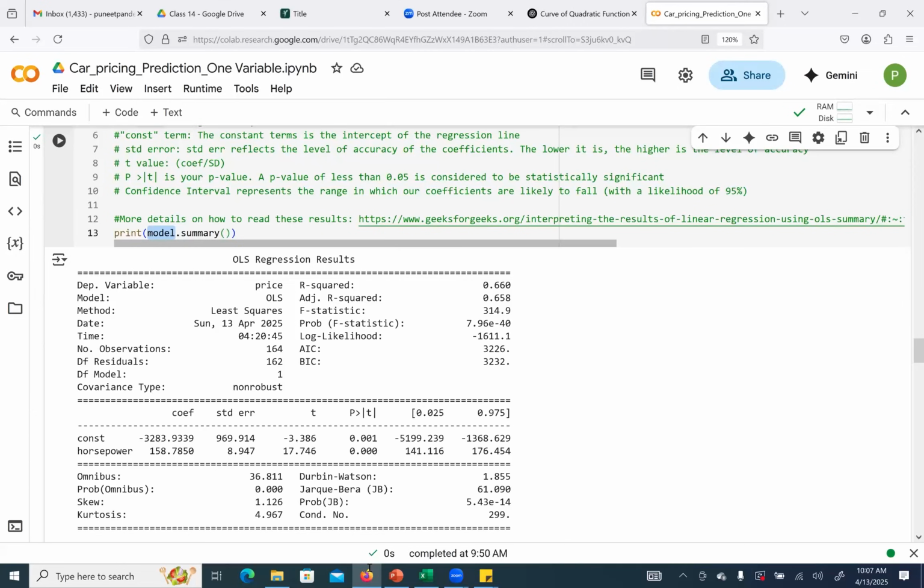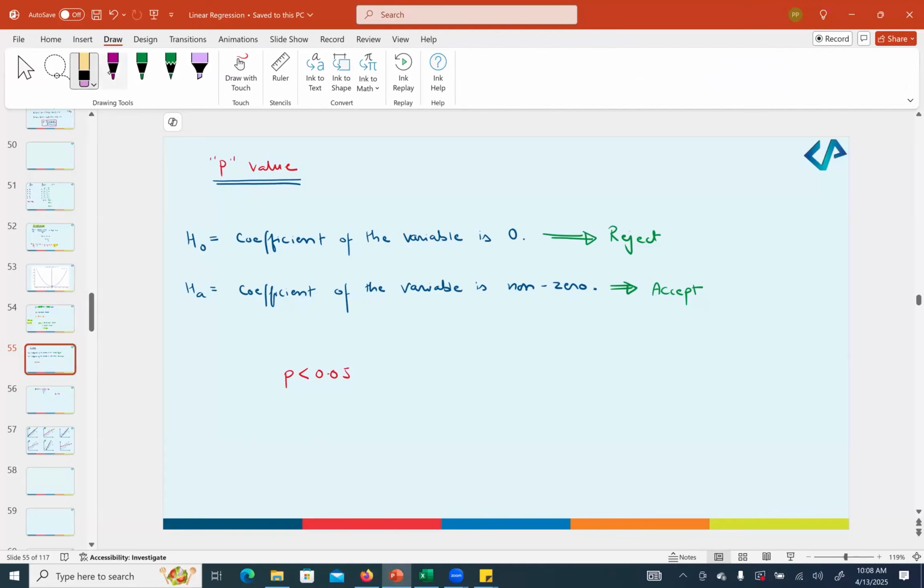And what does this standard error say here? Standard error is nothing but, if you look at this, this is the t value. In the t value, in general the formula is xi minus mu divided by sigma, and this sigma is considered the standard error.